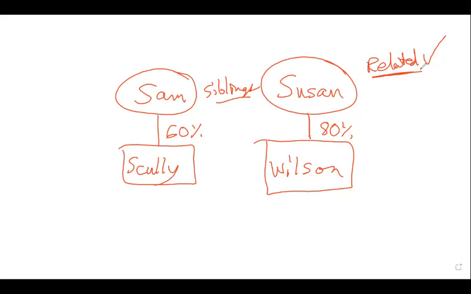But there's more. We have cross ownership. So it says that Susan owns 30% of Scully. So there we go. We have our cross ownership. Susan to Scully, and we can see right there that we are over 25%.